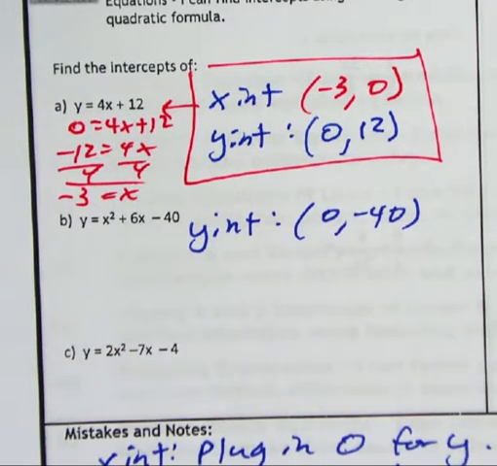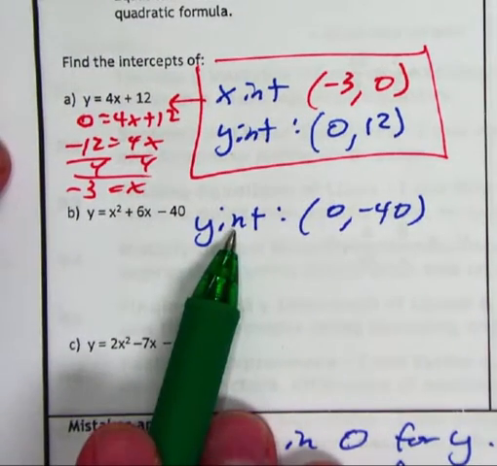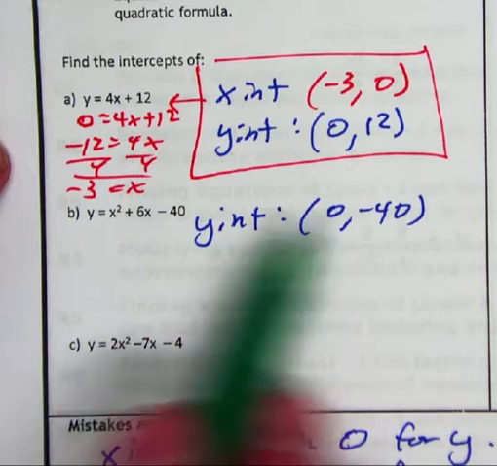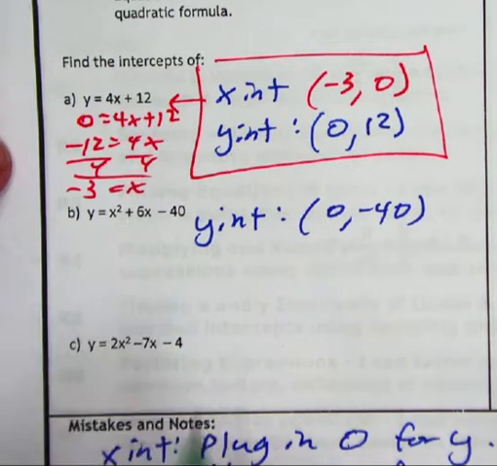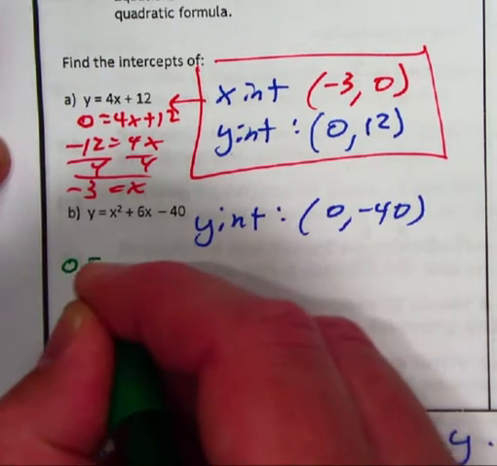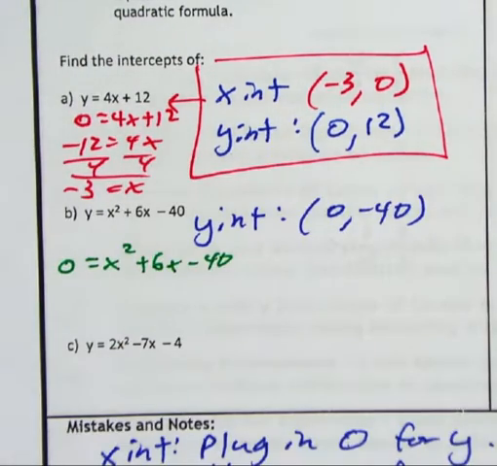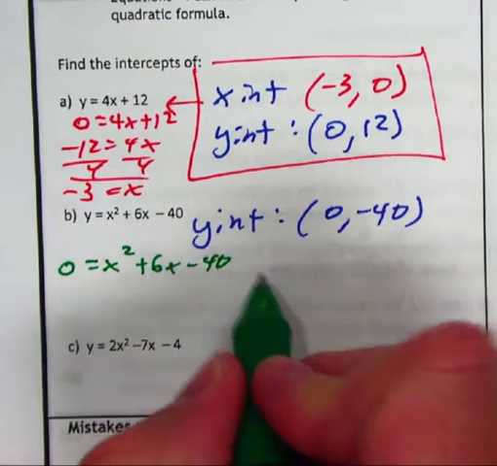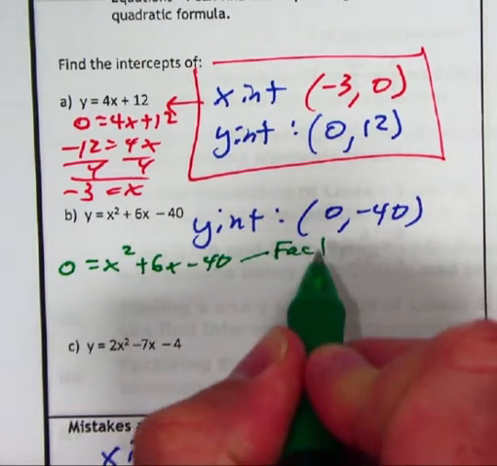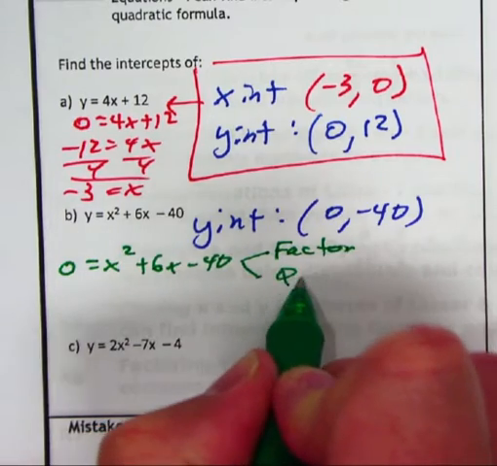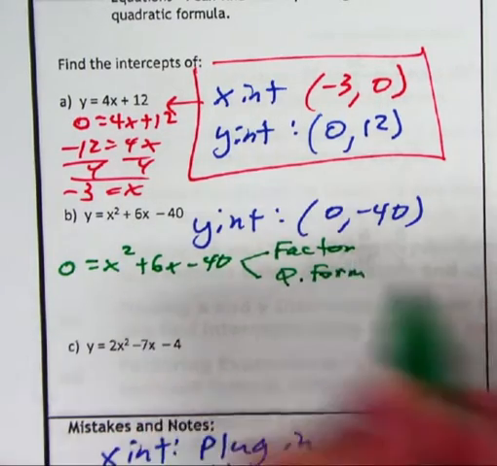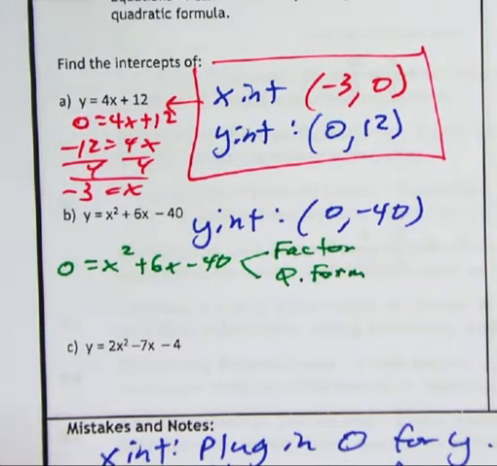Now the second one. I've got the y-intercept as (0, negative 40) because I did that already by zeroing those out. Now the x-intercept is a little bit tricky because I get 0 equals x squared plus 6x minus 40. This is where you need to know either factoring or the quadratic formula, and either one is going to help you find the two x-intercepts.